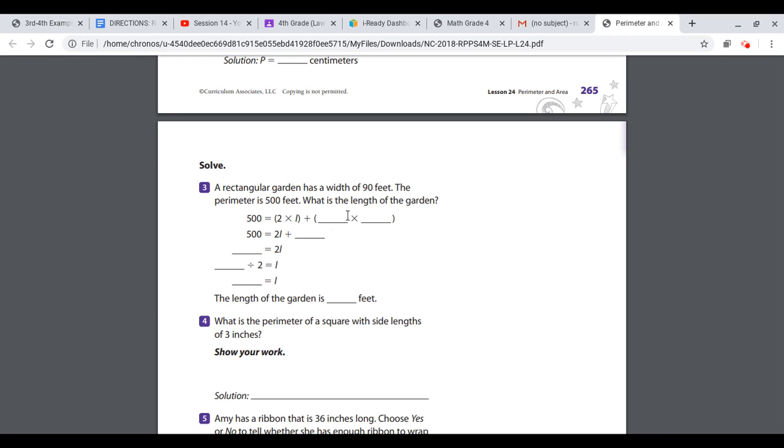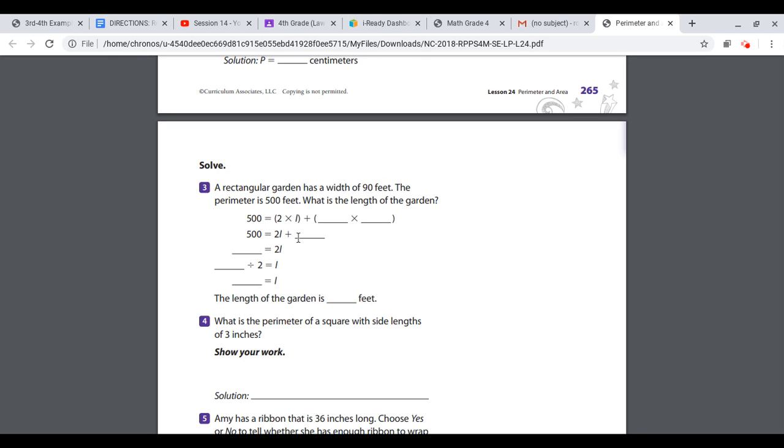We know that 2 times 90 is 180. Okay? So the length, 2 times L, 2L plus 180. This one is getting a little bit complicated because it sort of left out a step.